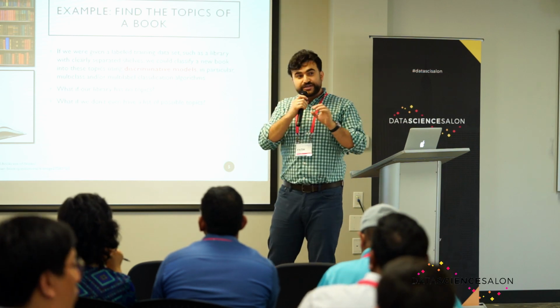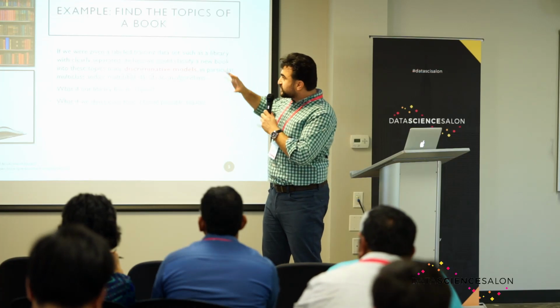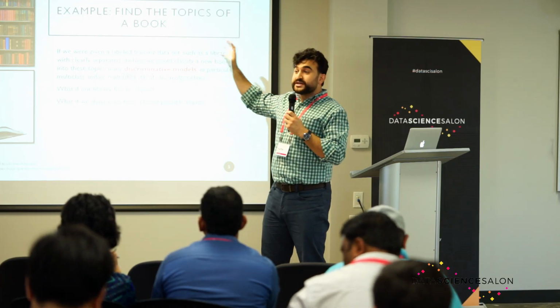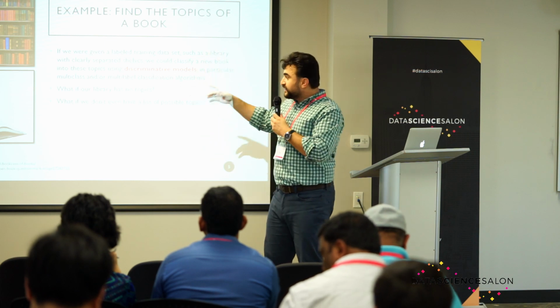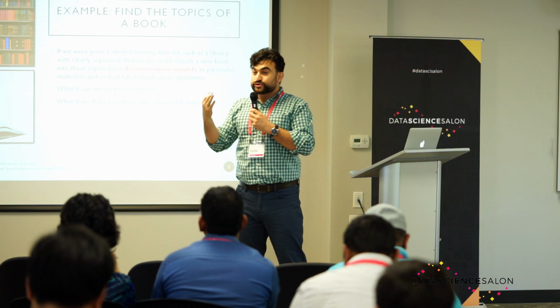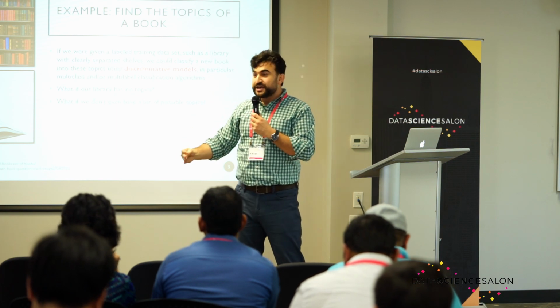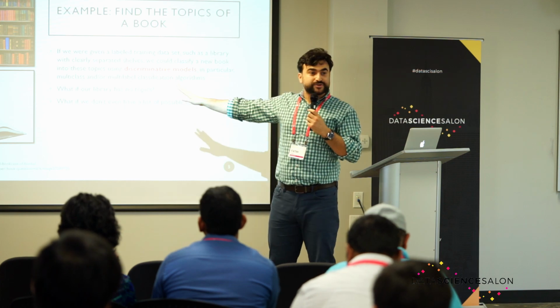Now, assume that we are given a huge library, right, with all the books labeled with subjects or topics. We say, okay, the top shelf is mathematics books, second shelf is statistics books, economics, law, and fiction. And then you're given an unseen book that you're asked to classify into one of these, right? This is very easy. You can basically build many models on this.